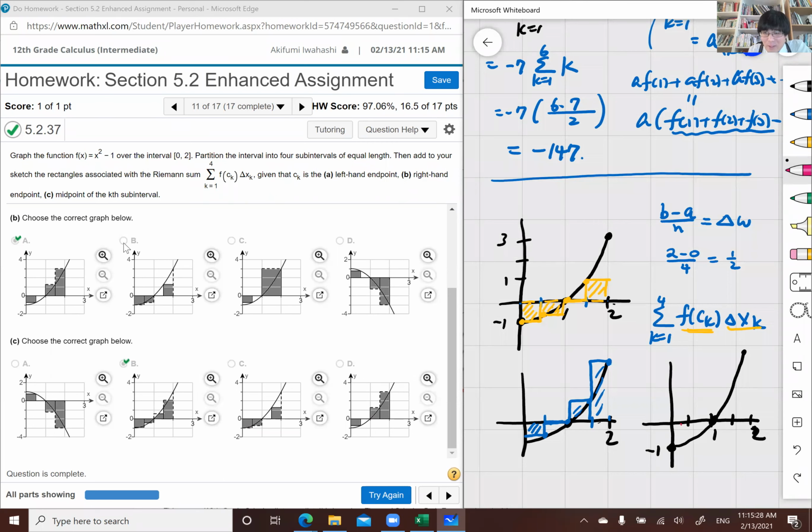So it's somewhere here, somewhere here, somewhere here, and somewhere here. So graphically, you have 2 negatives and 2 positives. And the only choice with that is going to be choice B. So B is the best choice for us in this case.